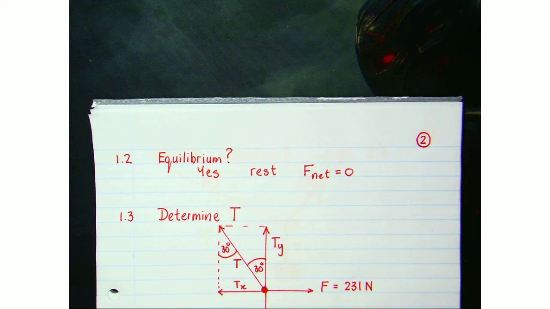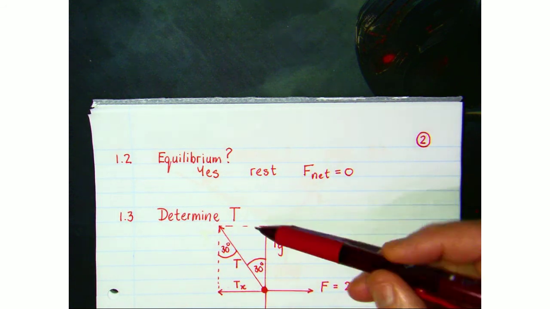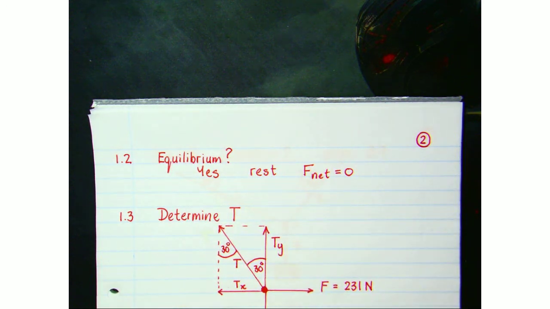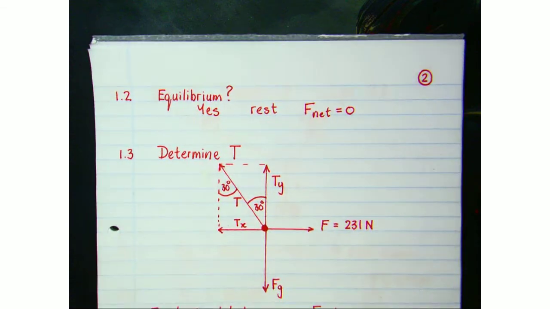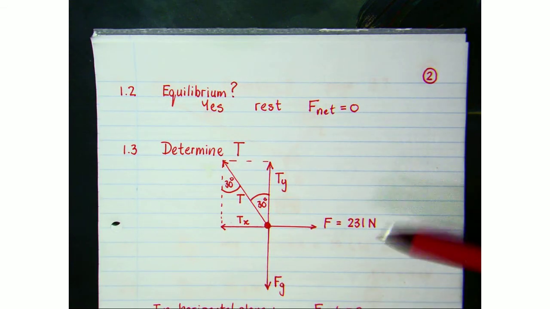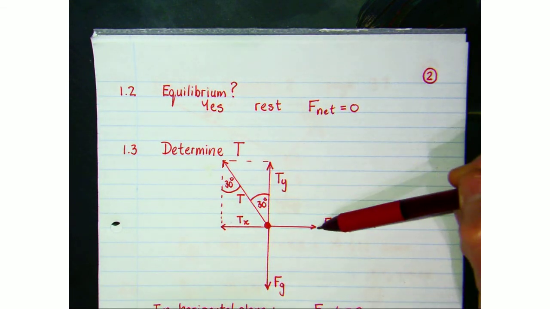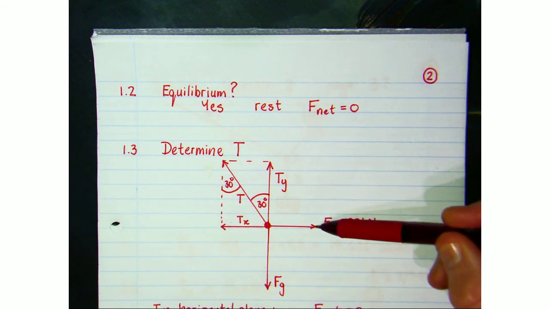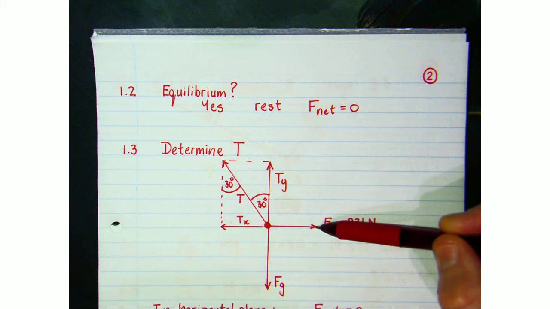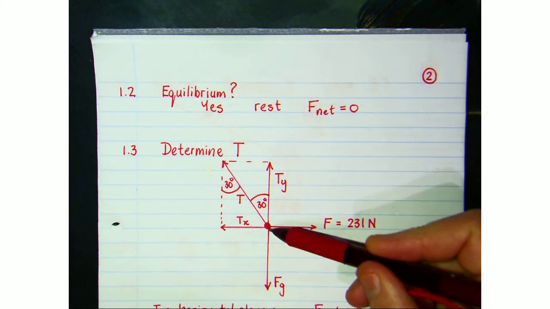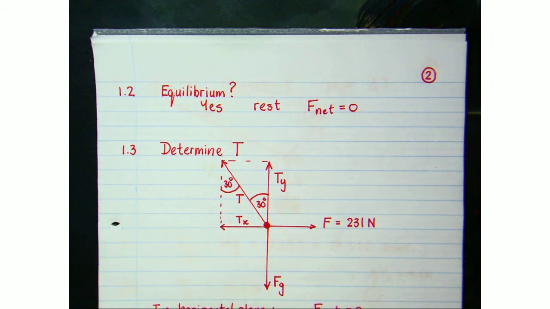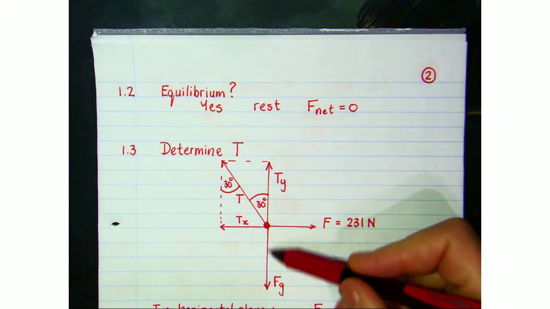The third part asks you to find the tension in that string, and we're going to use the components method. So this force over here is already in the horizontal plane. We don't need to find its components. That is its component in the horizontal plane. The weight is in the vertical plane, so we don't have to do anything with that.